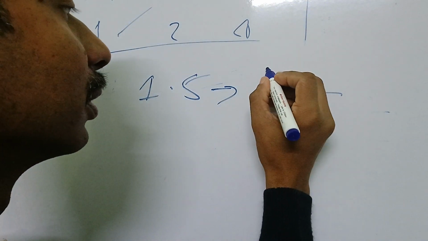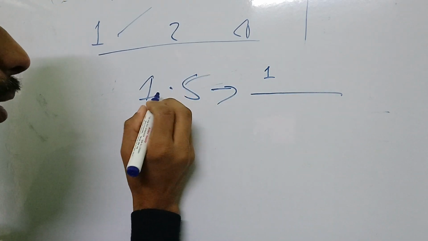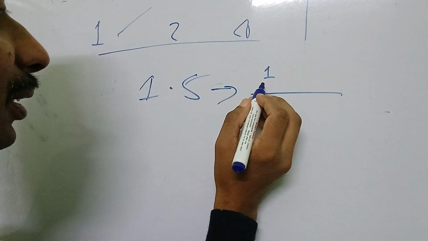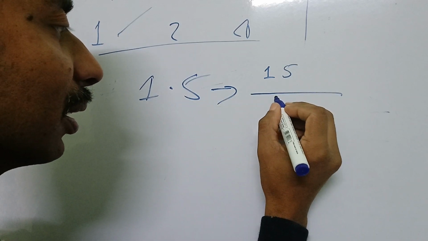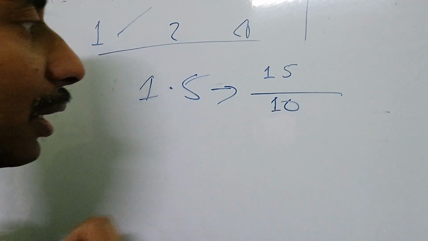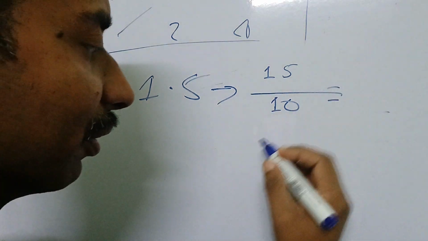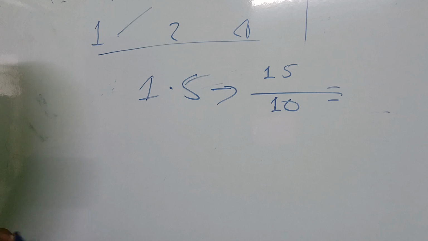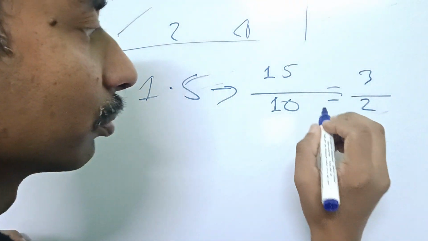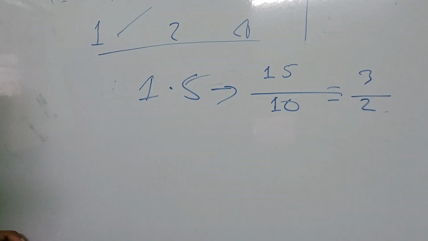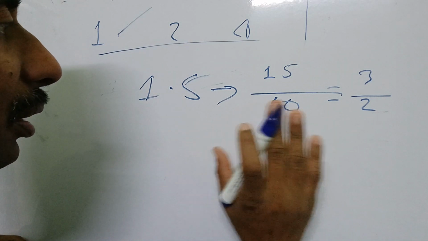Keep the left side of the decimal point as it is, and after the point write 5 with 10 in the denominator. That is 15 by 10. Now you can simplify more. It becomes 3 by 2. This is the conversion process.